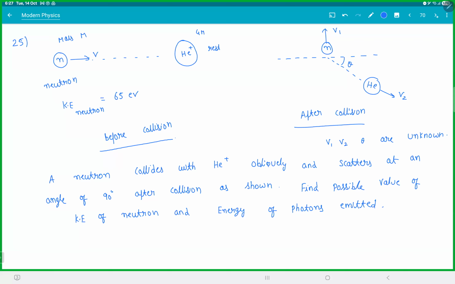And what is the energy of the helium after collision? I hope you remember this. Energy of the first orbit for helium will be minus 54.4 eV. Second orbit will be minus 13.6 eV. You can calculate this, 13.6 into z square. Then minus 6.04 eV. The fourth will be minus 3.4 eV.